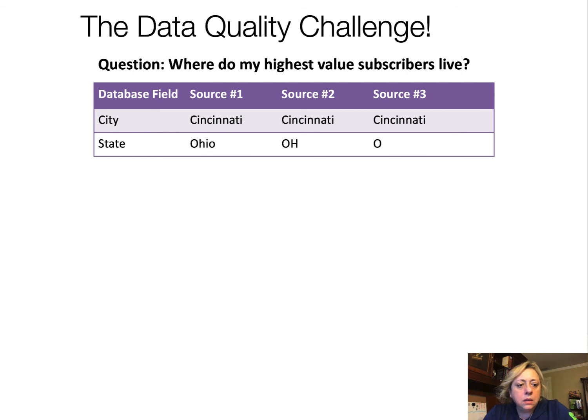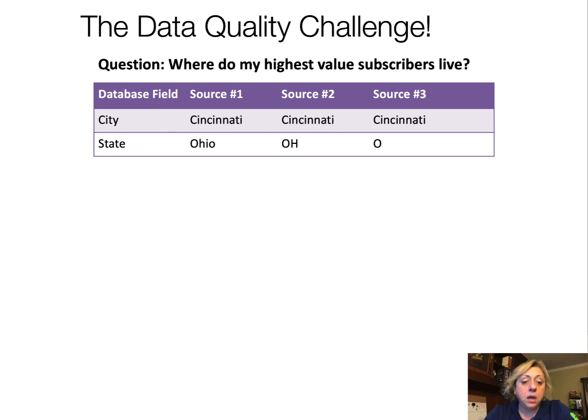Okay, so here is one of those types of problems you could see in data. Where do my highest value subscribers live? As you can see, source number one coded the state Ohio as Ohio. Source number two abbreviated it to OH.